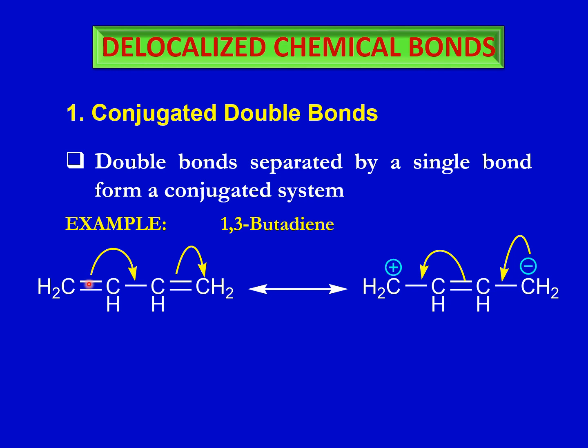Because of the shifting of these pi electrons, this carbon is left electron deficient, so it now has a positive charge, and we have a double bond between these two carbons. Because the pi electrons have been shifted onto this carbon atom, this now has a negative charge.